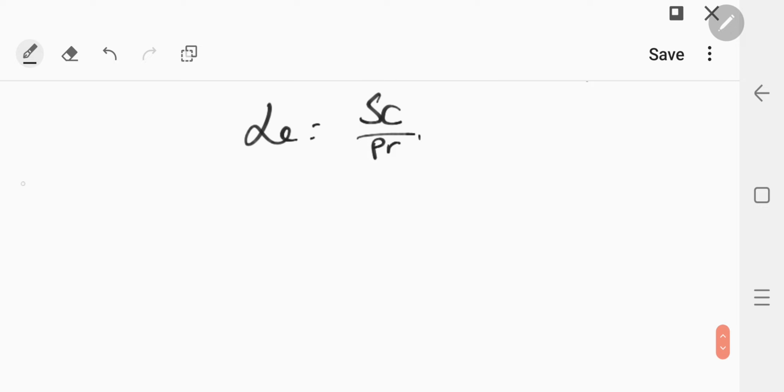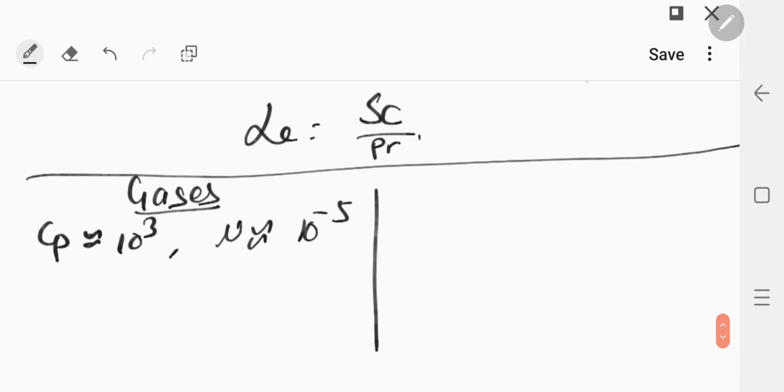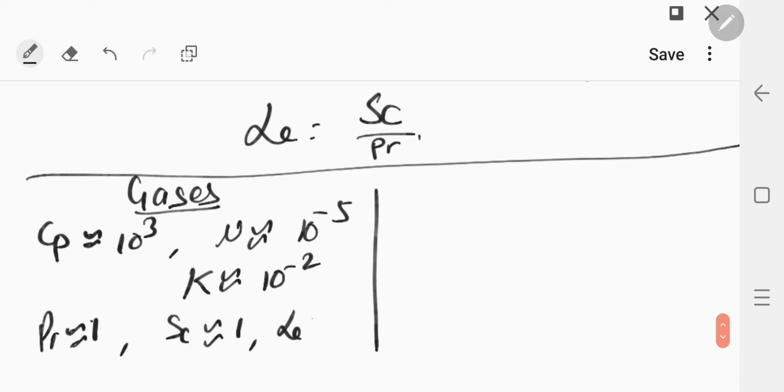Now, for gases, normally the specific heat is in the range of 10 raised to power 3, the viscosity is in the range of 10 raised to power minus 5, and thermal conductivity is in the range of 10 raised to power minus 2. So for gases, the Prandtl number is approximately equal to 1, the Schmidt number is also approximately 1, and the Lewis number is also approximately 1.